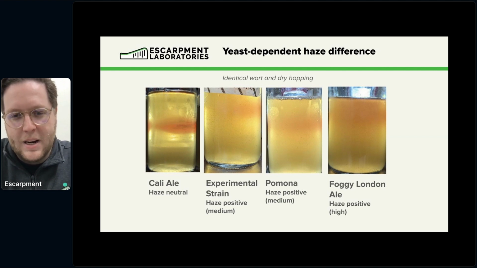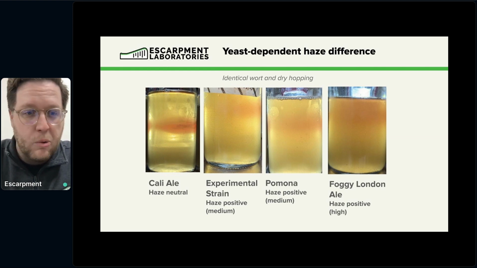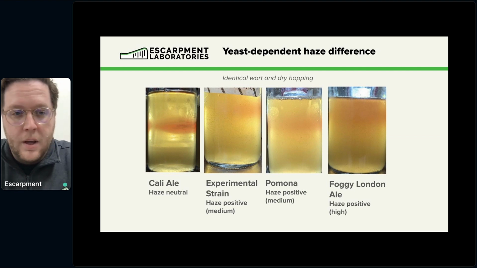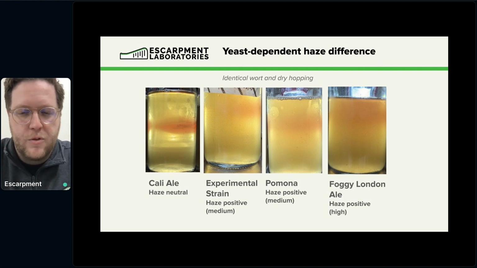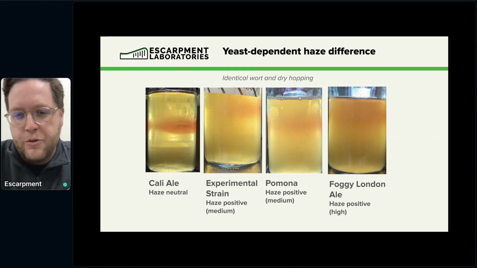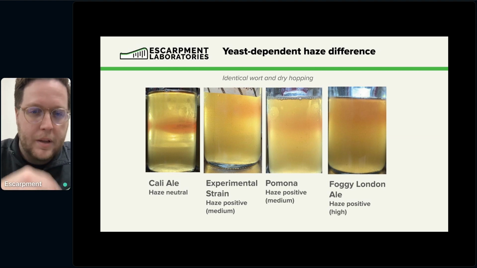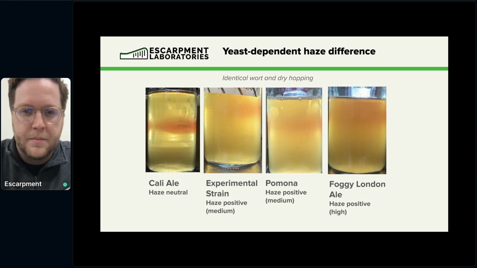They won't really impact this, whereas some of these other yeasts, Foggy London Ale is the classic example. It's almost always the most hazy, and that's part of why people love this type of strain. It just makes it really easy to make a hazy IPA. And then there's new strains as well, like Pomona, and we've got another experimental coming that's also haze positive.